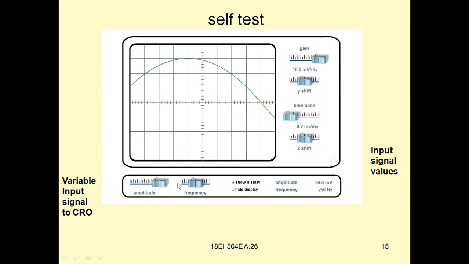Suppose if it is 30, yes, we can get this. So for 30 millivolts, let me change the frequency or the time period. Now please see here by adjusting the X position exactly to cover the center.